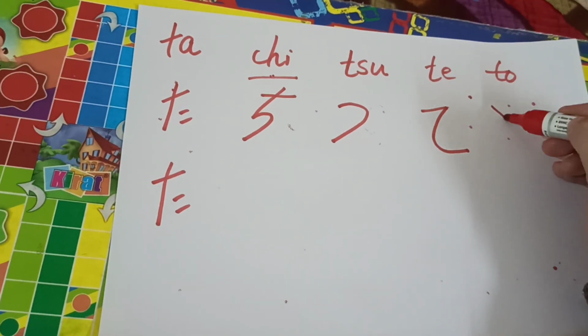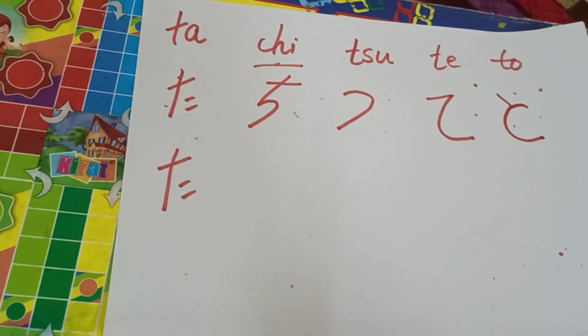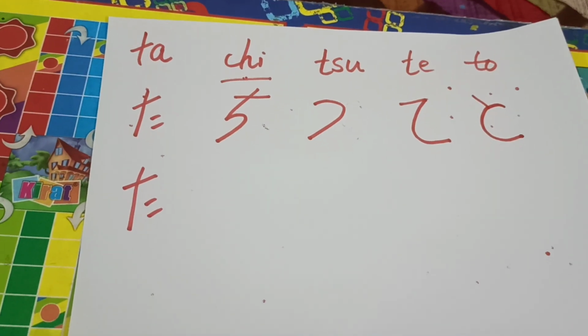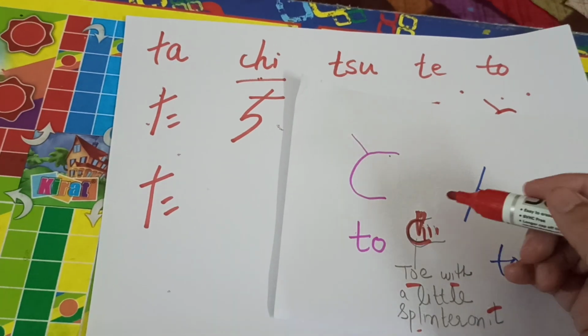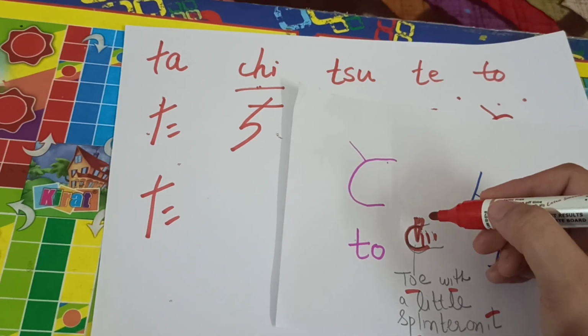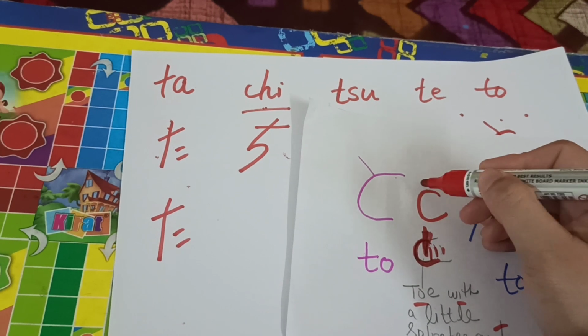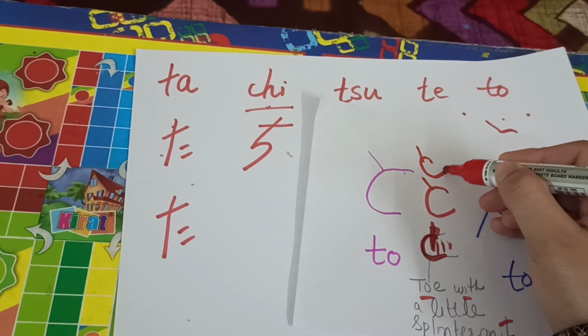Next is to. So to is a toe with a little splinter on it. So to.